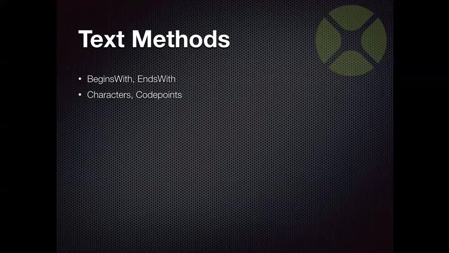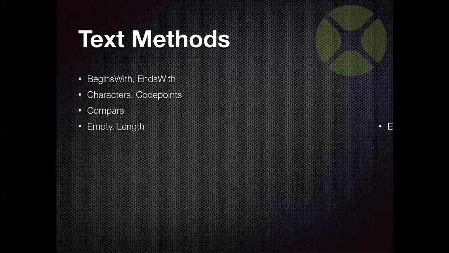There's also two iterators, Characters and CodePoints, that let you iterate through all the characters in your text. And you can also get back the Unicode code points for the characters that are in the text. There's a Compare method that also, of course, can compare using Xojo's native case-insensitive comparisons, or you can do case-sensitive comparisons. And BeginsWith and EndsWith also have the ability to do case-sensitive comparisons.